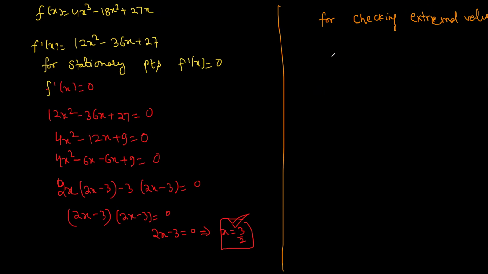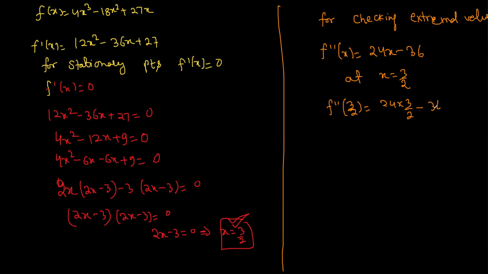So second derivative will be 24x minus 36, right? At x is equal to 3 by 2. Oh, you got 0, right?